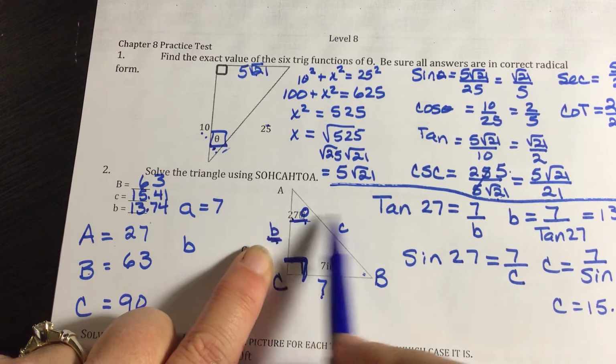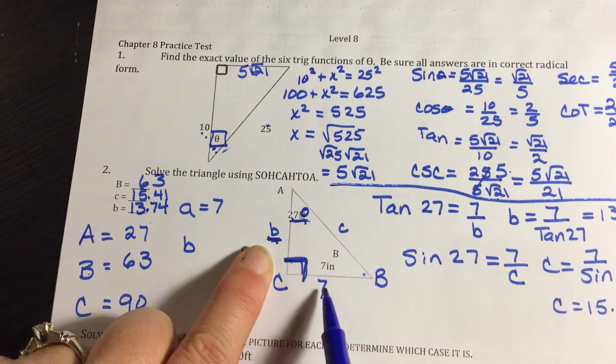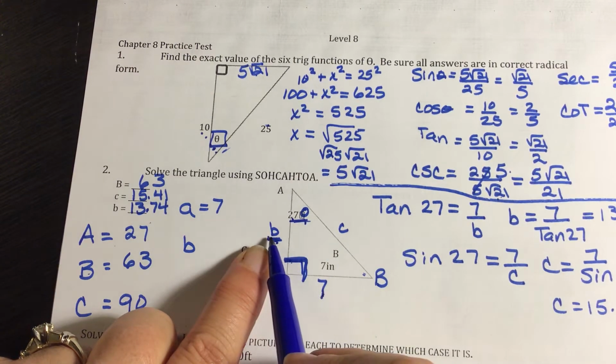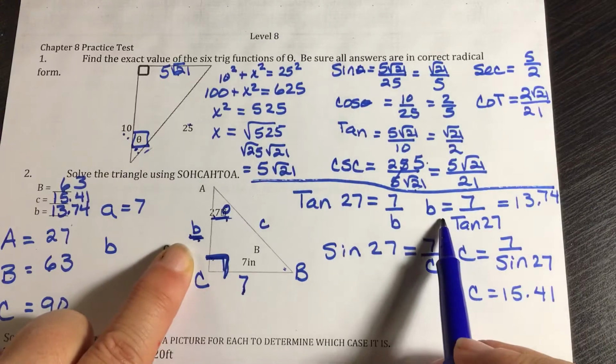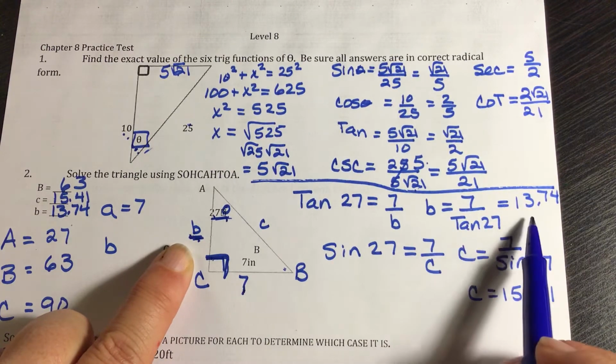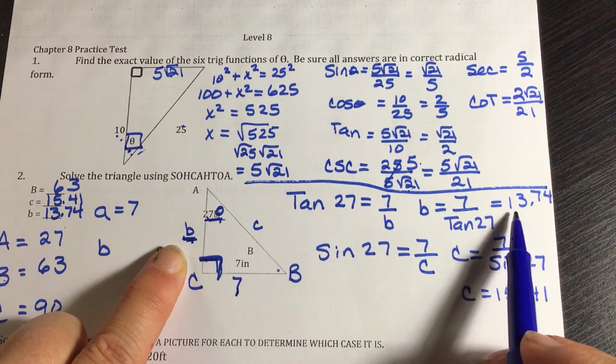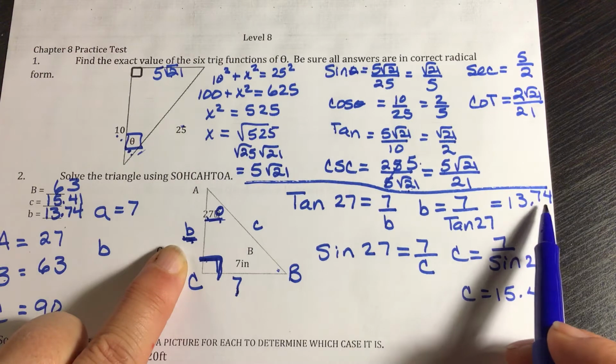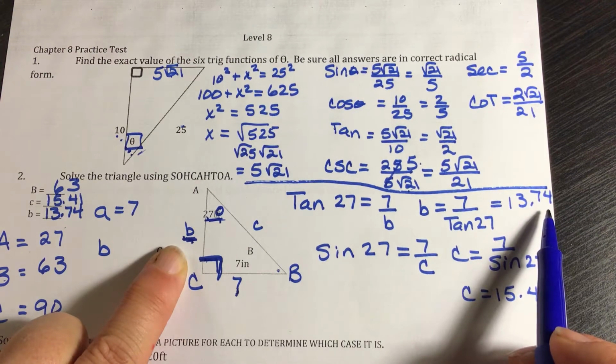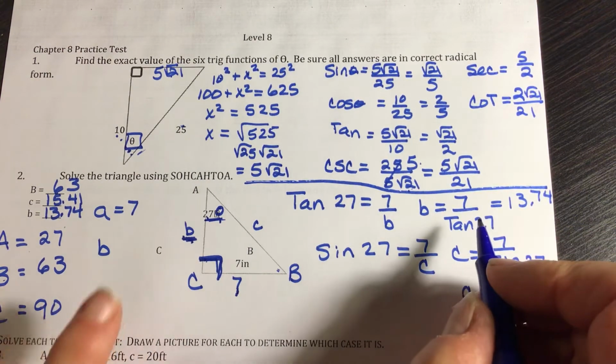Tangent of 27 is going to be opposite, which is 7, over B. If I solve for B, I get B equals 13.74, and that would be inches.